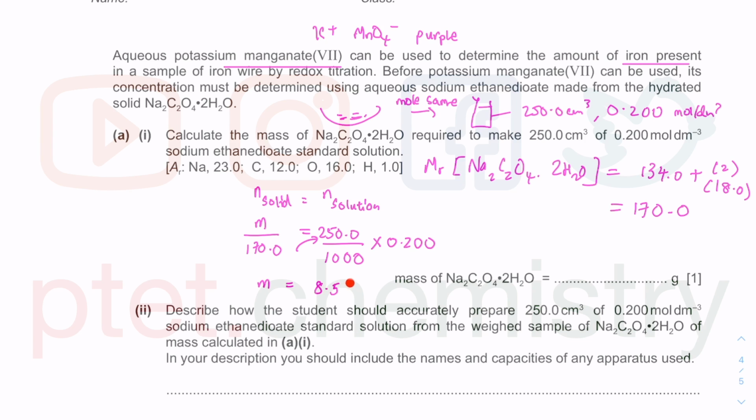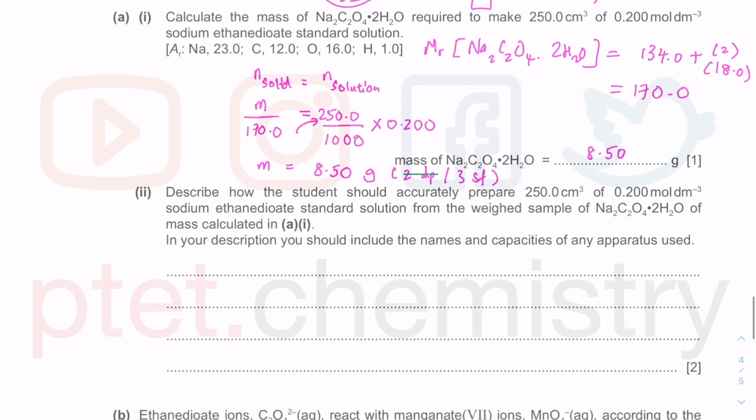And your mass as a result of these should reflect the accuracy. So I'll say to 2 decimal places, or you can say to 3 significant figures. Whichever way you look at it, it's going to reflect greater accuracy because you want to make something which is pretty accurate, especially as the concentration is accurate to 3 significant figures. So I should probably say up to 3 significant figures rather than 2 decimal places there.